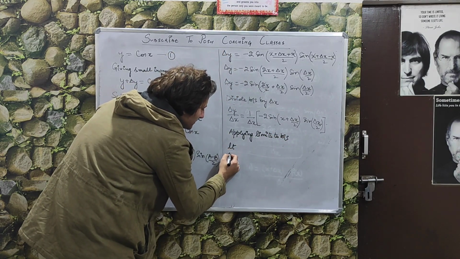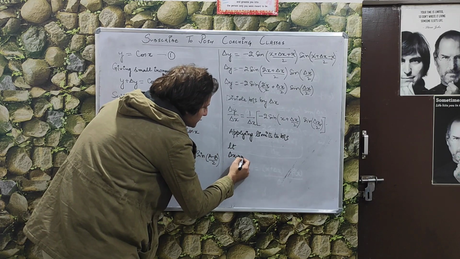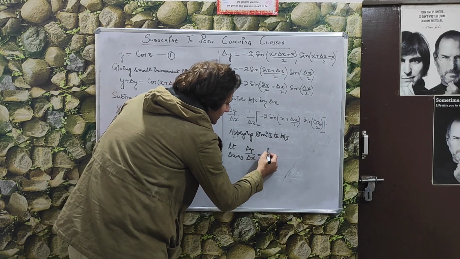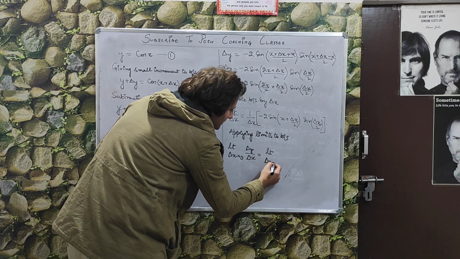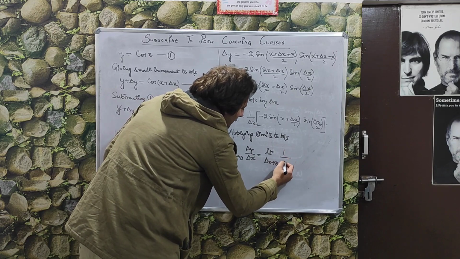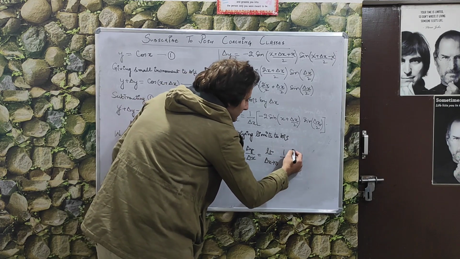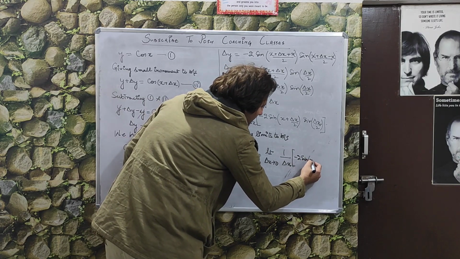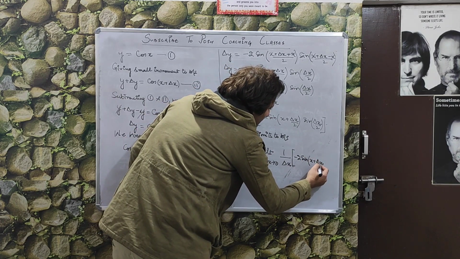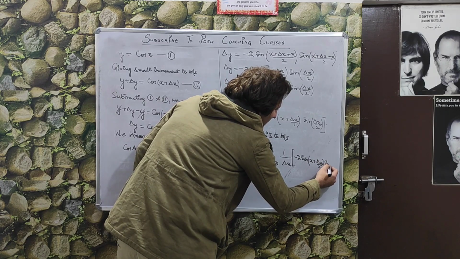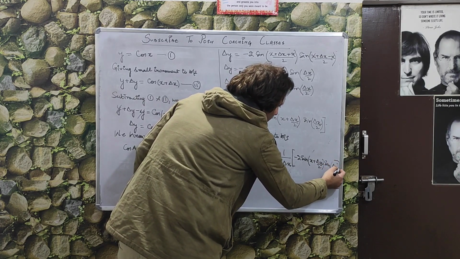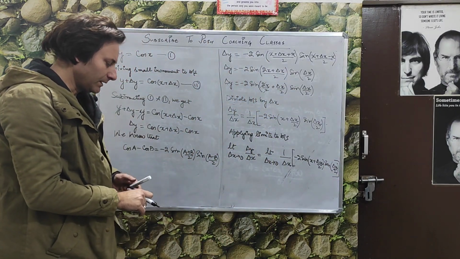It is limit delta x tends to 0, delta y upon delta x, limit delta x tends to 0, 1 upon delta x, minus twice sine of x plus delta x by 2 and sine delta x by 2. Right? So we have applied the limits.